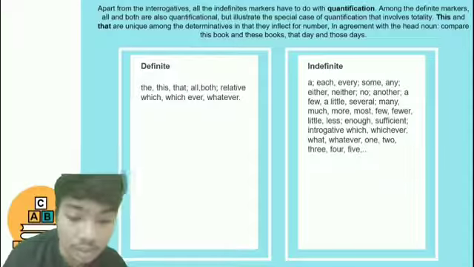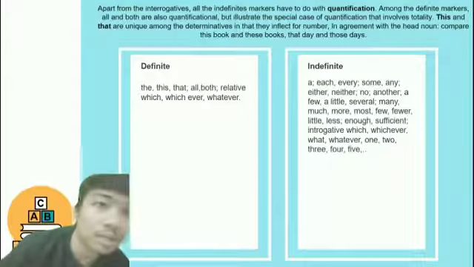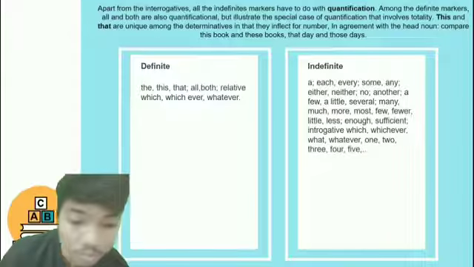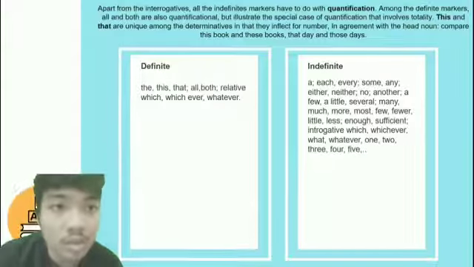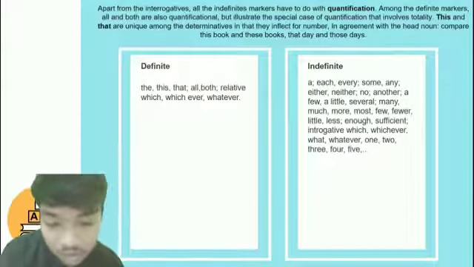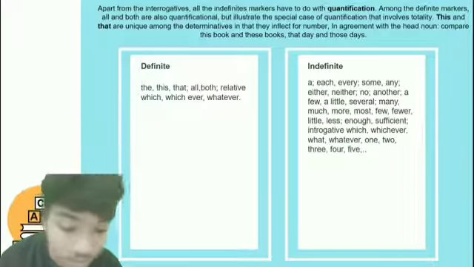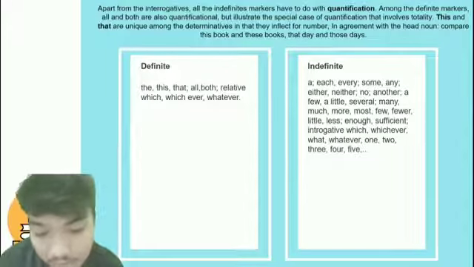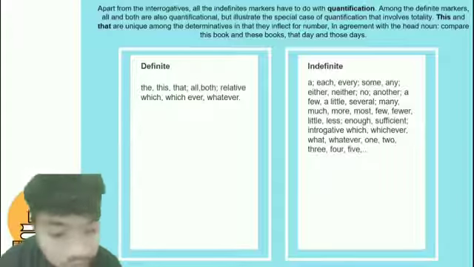This and that are unique among the determinatives in that they inflect for number, in agreement with the head noun. Compare this book and these books, that day and those days. Okay, you can see the following examples of definite and indefinite. Definite: the, this, that, all, both, relative which, whichever, and whatever.